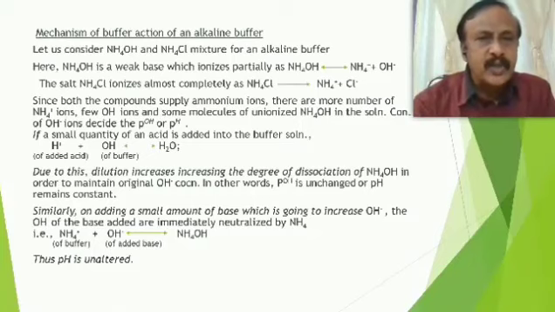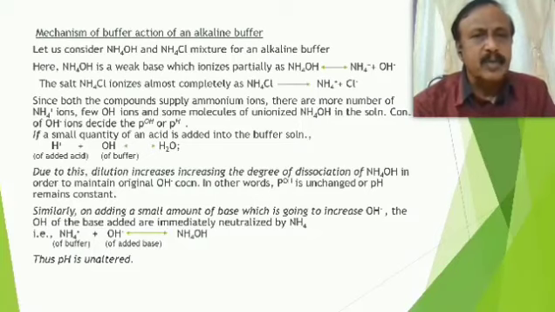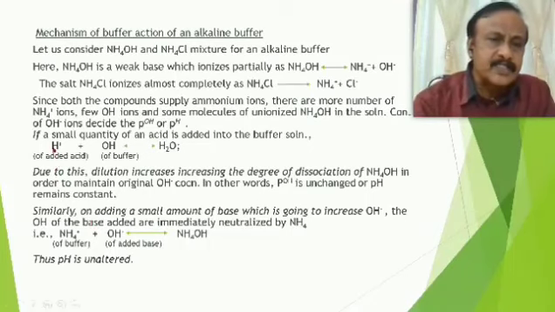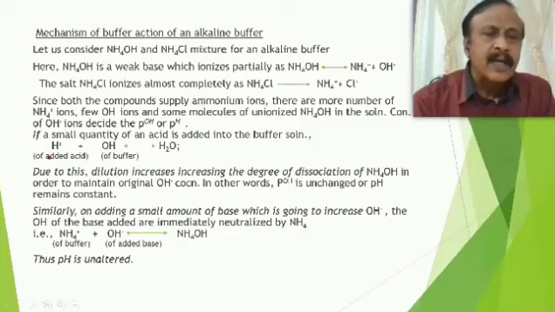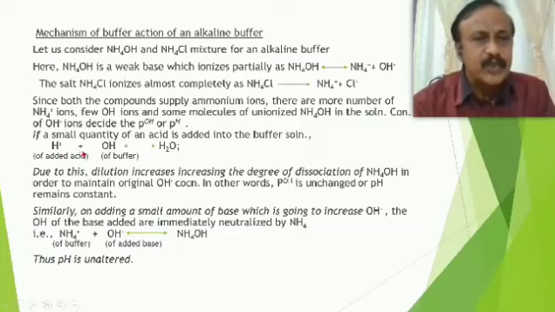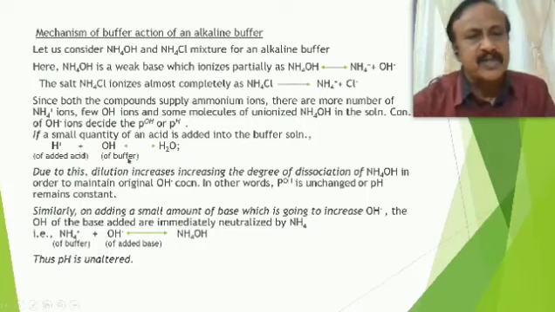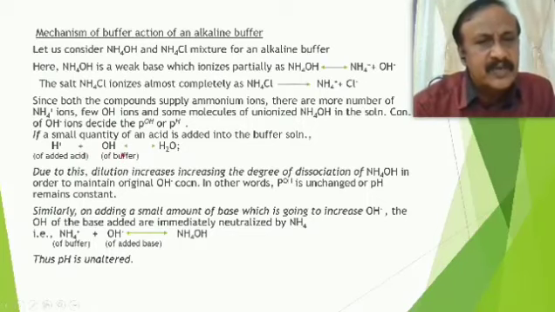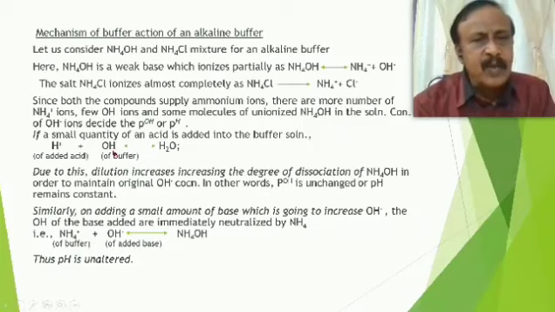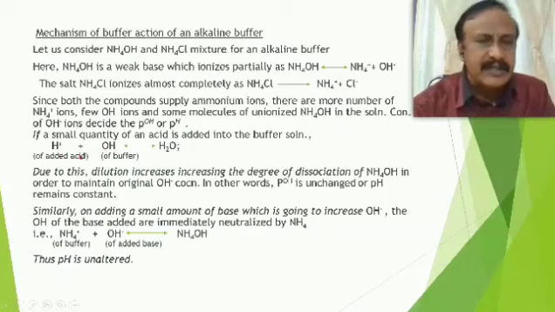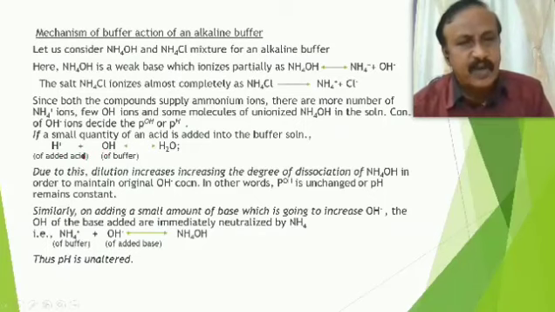But to a solution of ammonium hydroxide and ammonium chloride mixture, if we add a small quantity of acid, the H plus ions of the added acid are immediately neutralized by OH minus ions which are already there in the buffer solution. In other words, as soon as the acid is added, the OH minus ions will attack H plus ions, or react with H plus ions to form water.